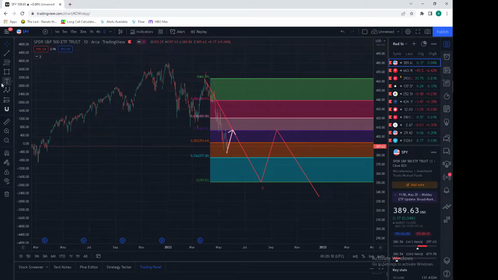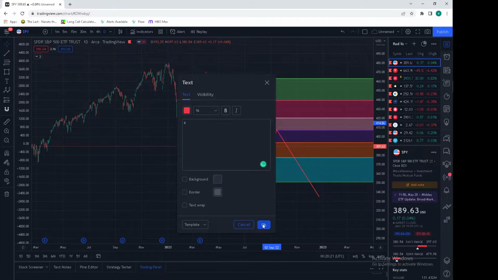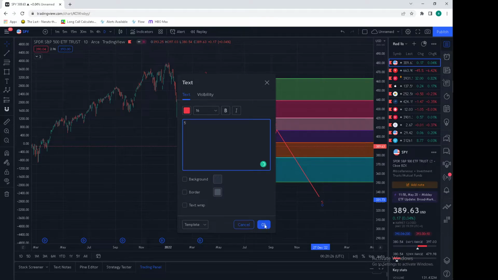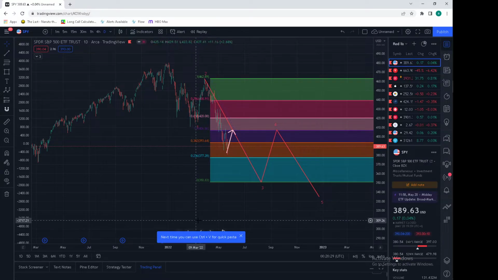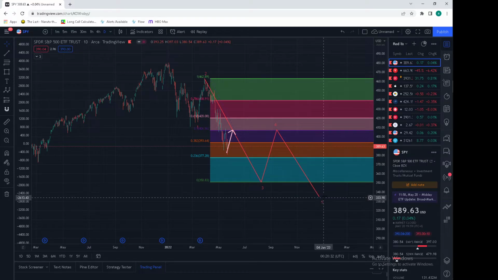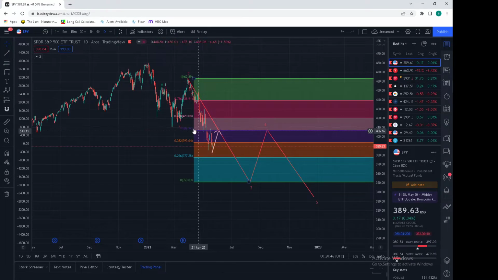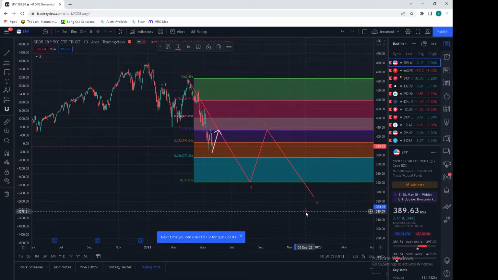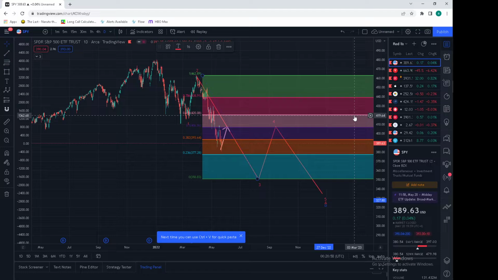So this is what I'm expecting to happen. And in reality, this is probably all of wave A. So wave A didn't just start here, it probably ends down here. And then we'll have our B wave all the way back up.